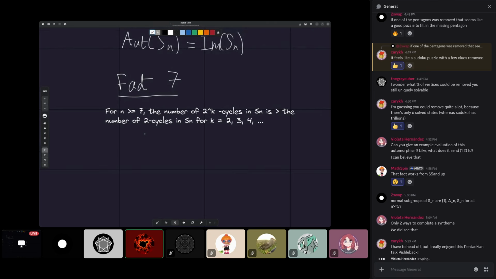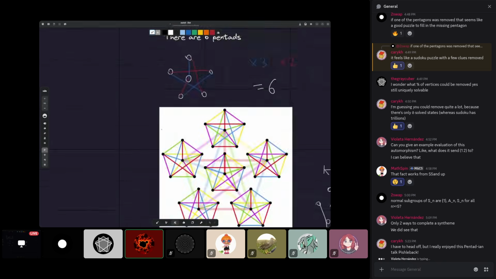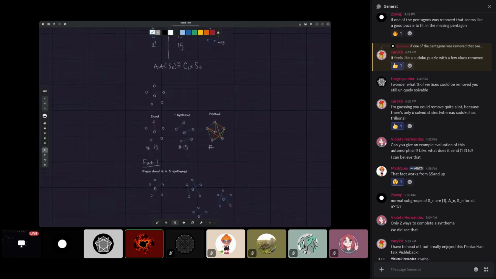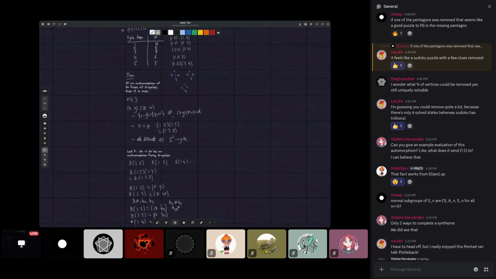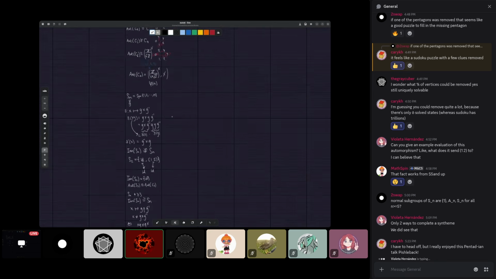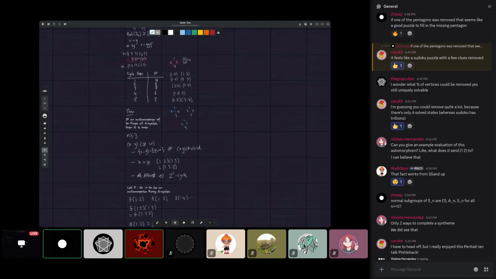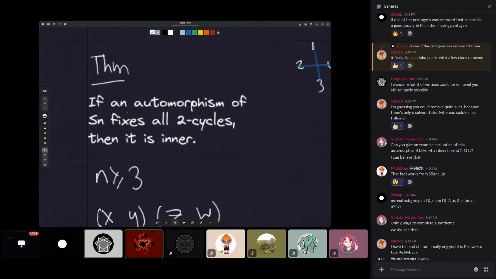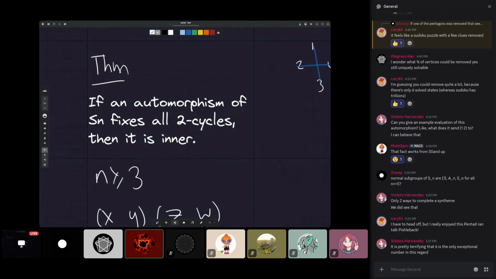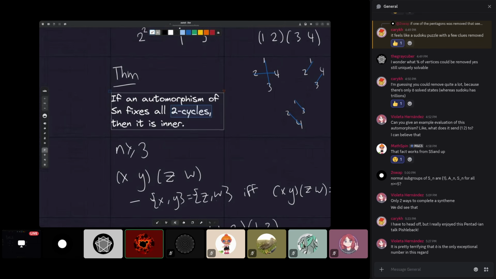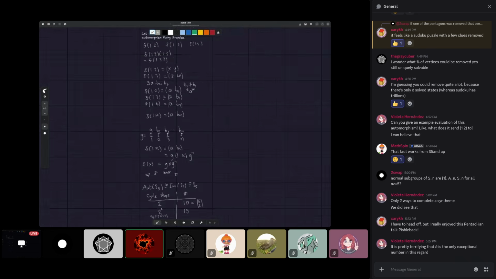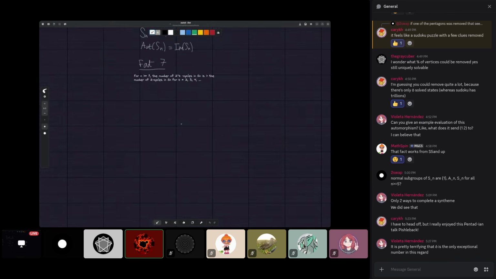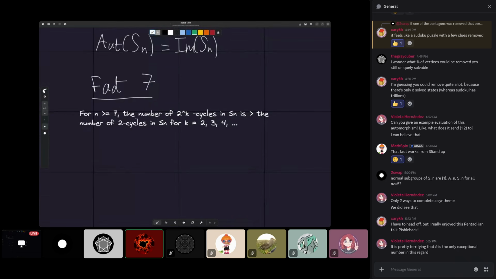That's fine because of our fact from before: if it fixes all 2 cycles, it's inner. So we just have to show that the class of 2 cycles doesn't go to any other class. So it doesn't matter if the higher ones are equal or not. That's enough.